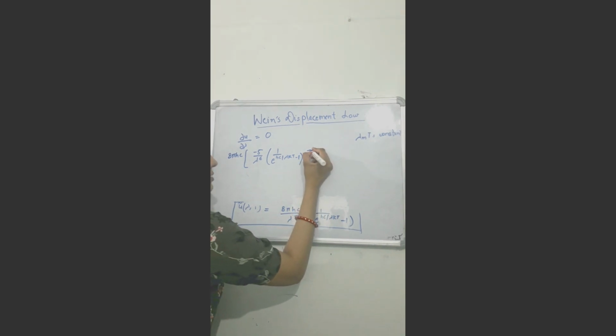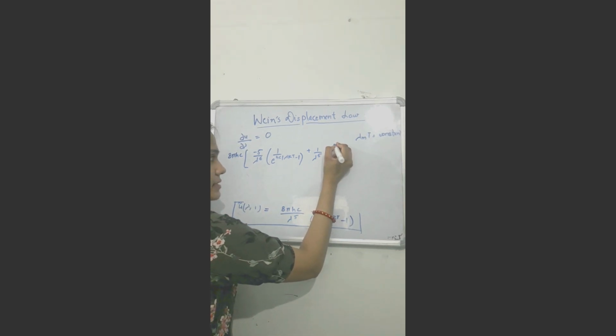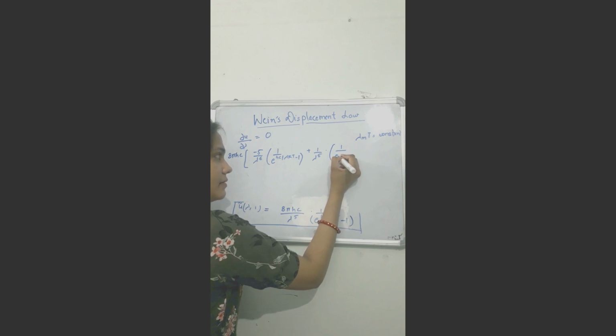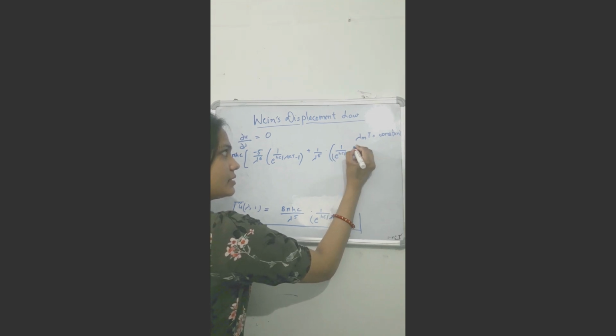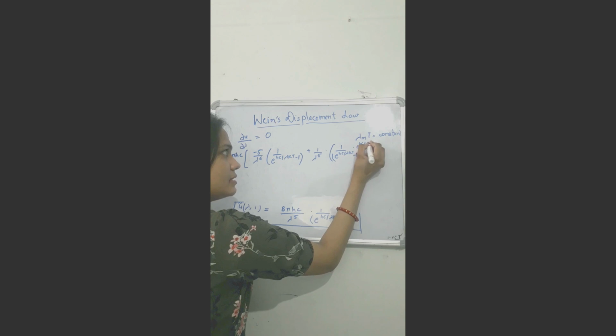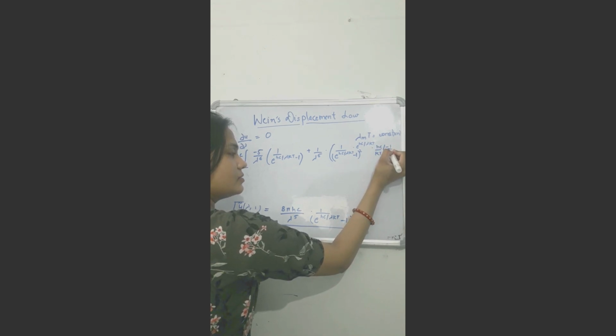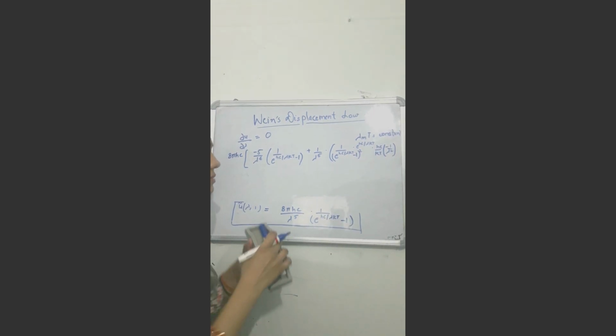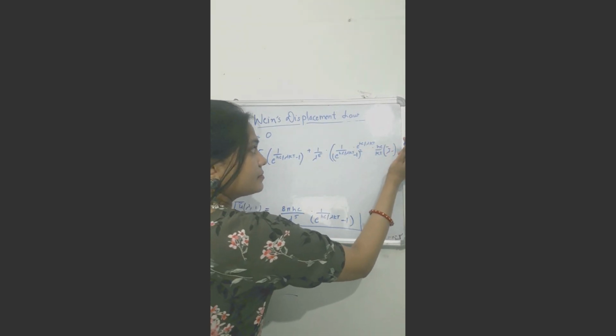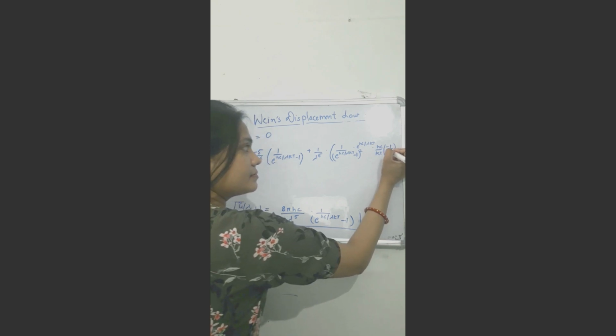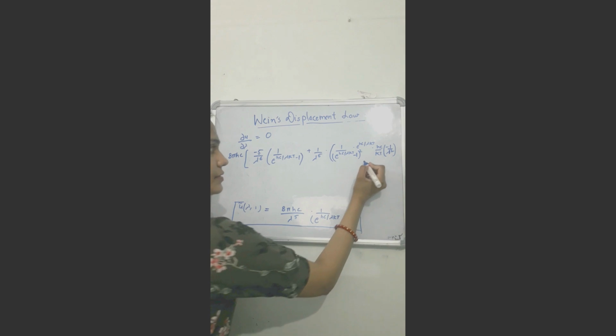Now taking the derivative of the second quantity, we get −1 over (e^(hc/λkT) − 1) whole squared, times e^(hc/λkT), times hc/kT. Here the dot means multiplication, not a vector product. And this equals 0.